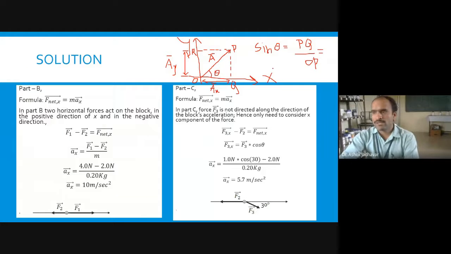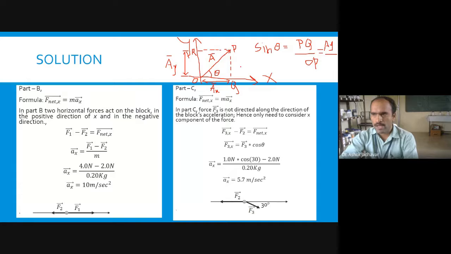So we have written down sine of theta is equal to PQ by OP. What is this PQ? PQ is nothing but AY. Am I correct? I can map this PQ over the y-axis, and this PQ is equal to OR or AY. So I can write AY here, divided by OP.